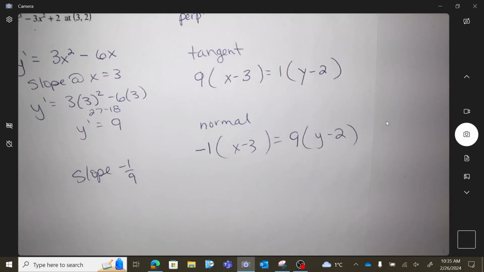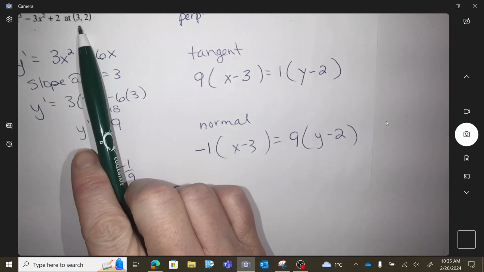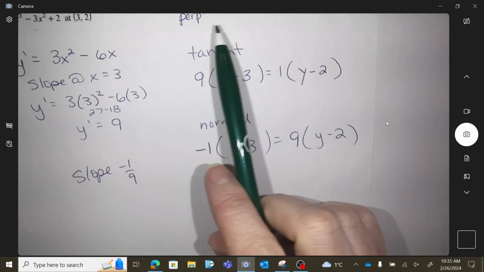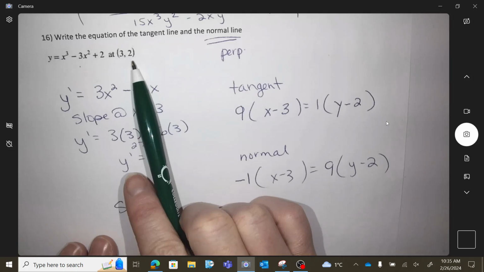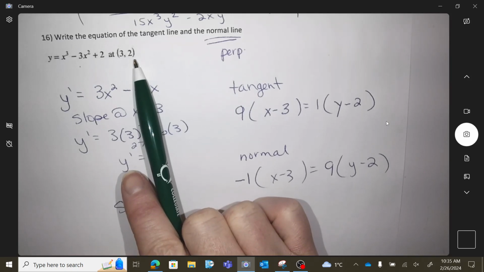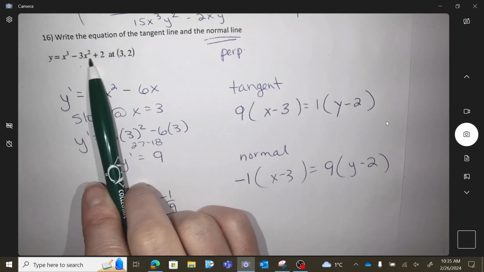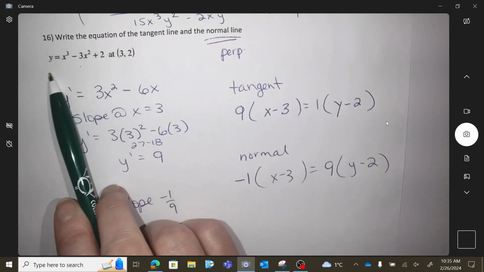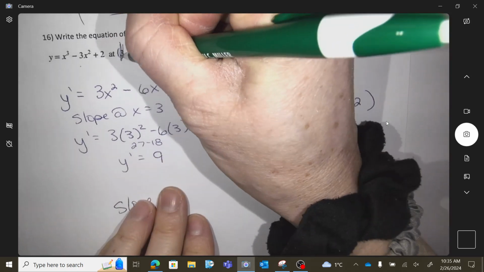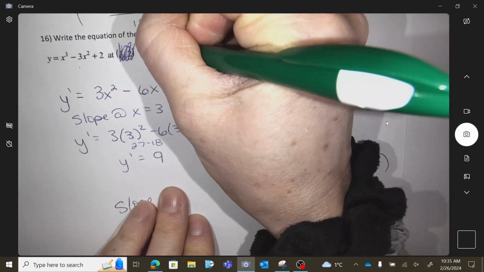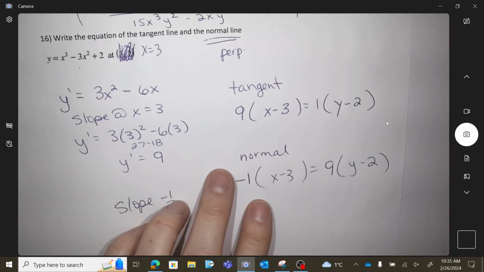One of the other ways I could be a little bit tricky on this question on the test would be to not give you the coordinate of the point and just give you the x value. So what do you do if I just give you x? Plug it into the original, right? Like if I just said, instead of giving you the coordinate, what if I just said at x equals 3?